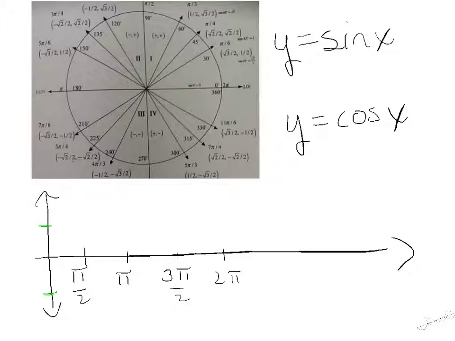Now, what is the cosine of 0? Yes, the cosine of 0 is 1. Unit circle: remember, if you can't see my unit circle, we're only looking at quadrantal angles.